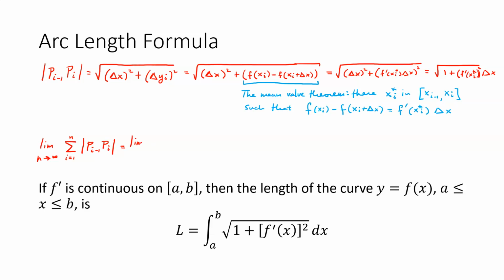And what we've shown here is that the length P_{i-1} P_i can be written as the square root of 1 plus f prime of x_i star squared times delta x, where x_i star is just some point in between x_{i-1} and x_i.